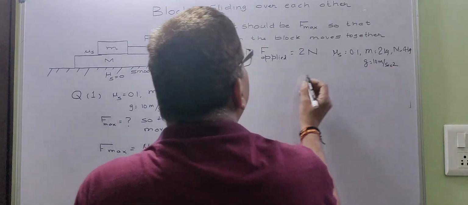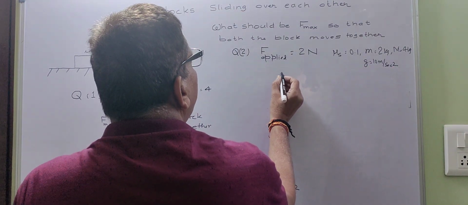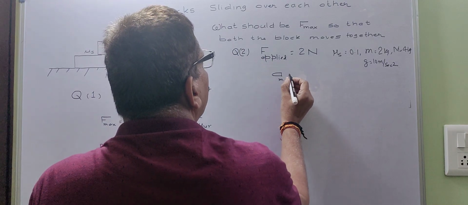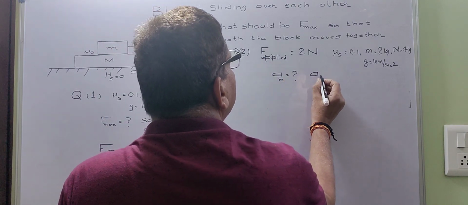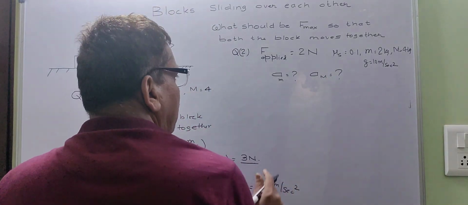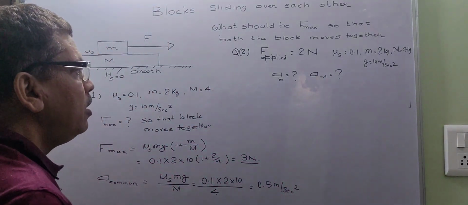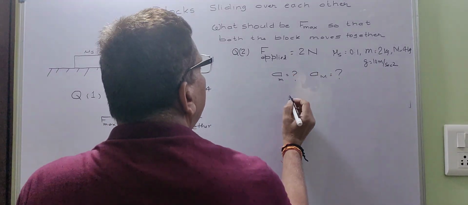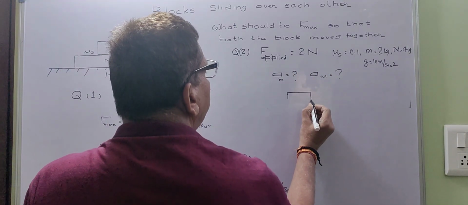Now what will be the acceleration of the upper block, and what will be the acceleration of the lower block? Now when 2 Newton is applied, you will see the free body diagram.